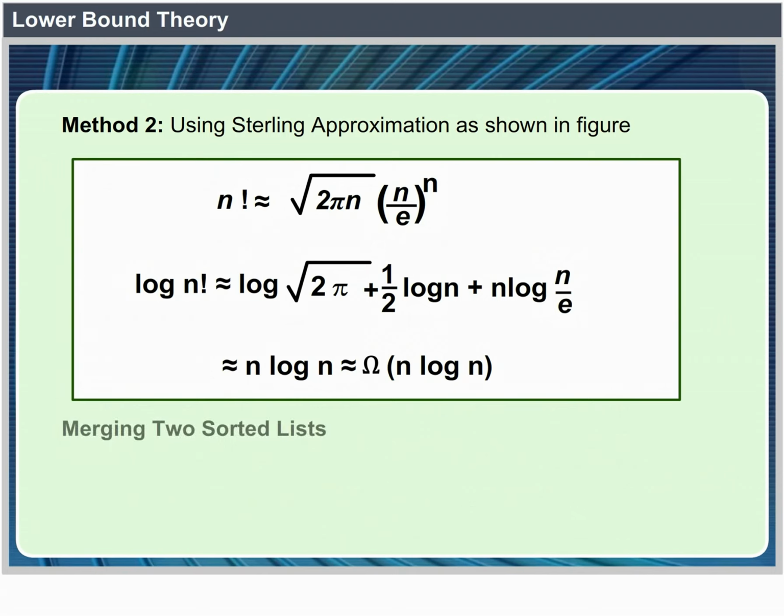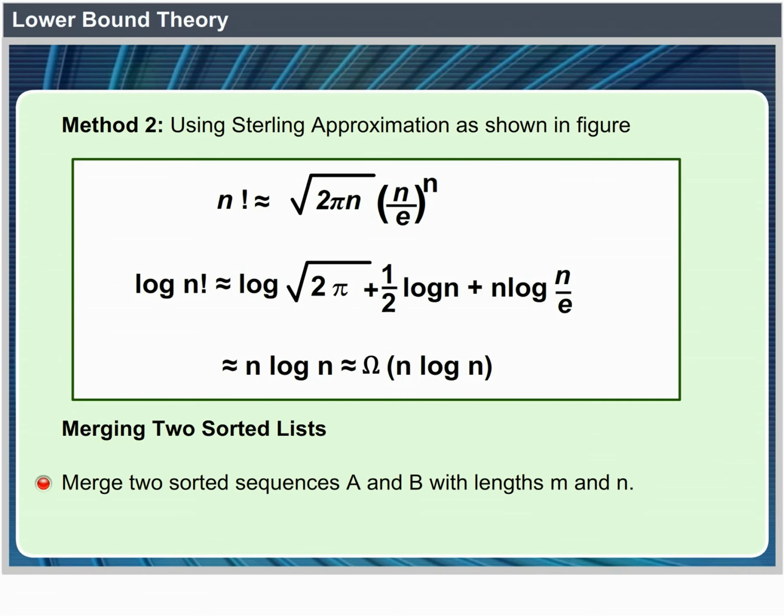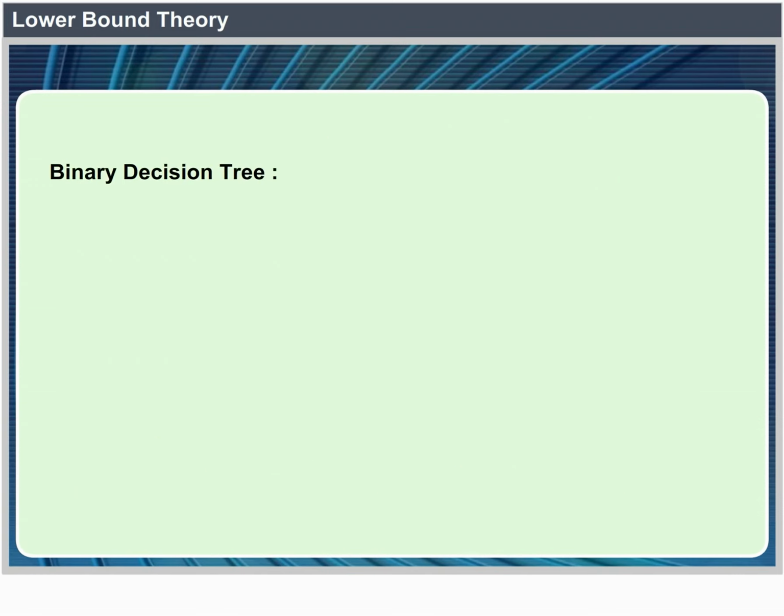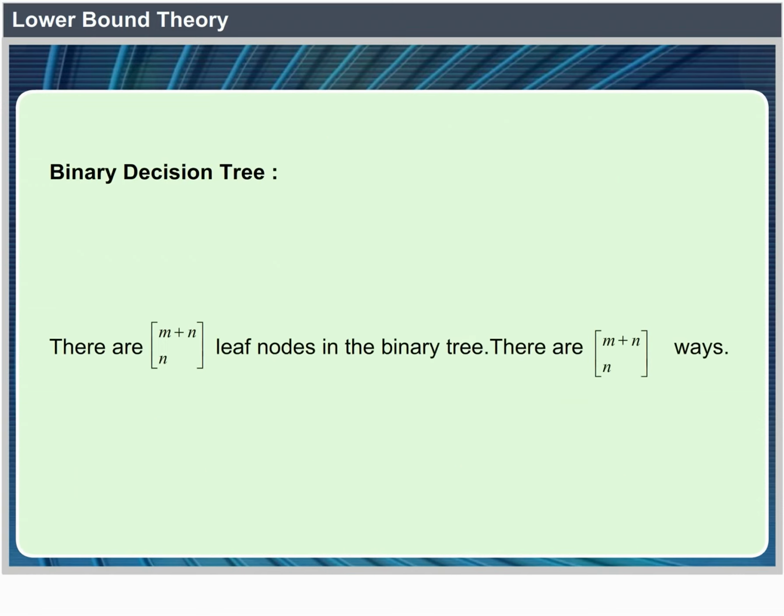Merging two sorted lists. Merge two sorted sequences A and B with lengths m and n. Binary decision tree: there are (m plus n) choose n leaf nodes in the binary tree, since there are (m plus n) choose n ways.